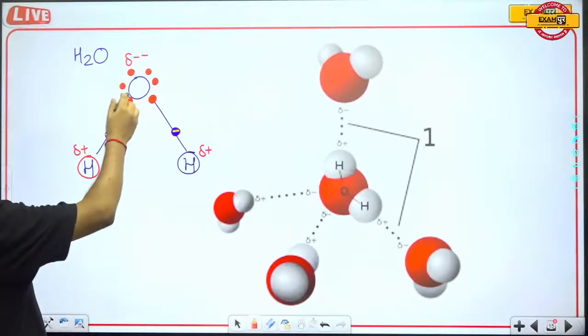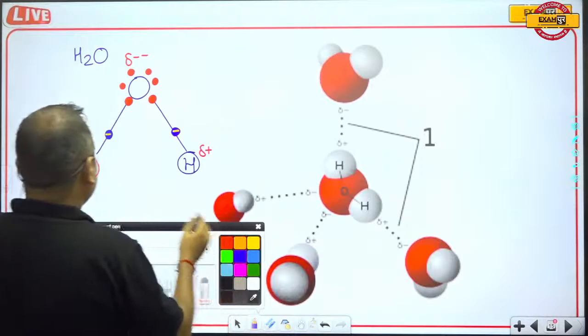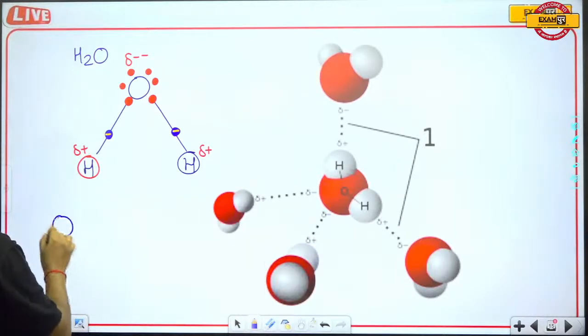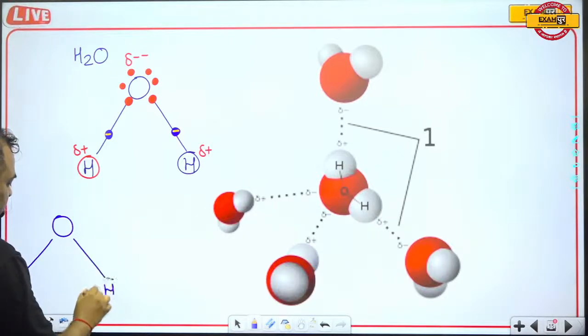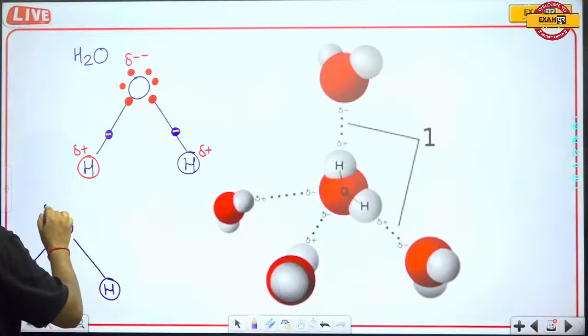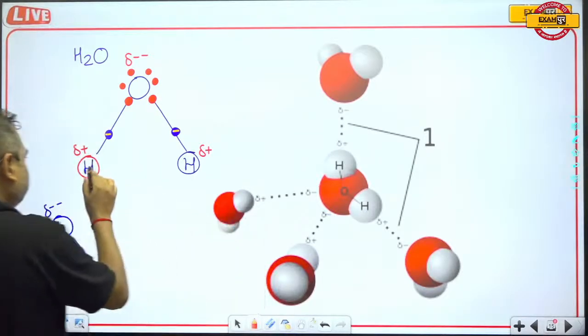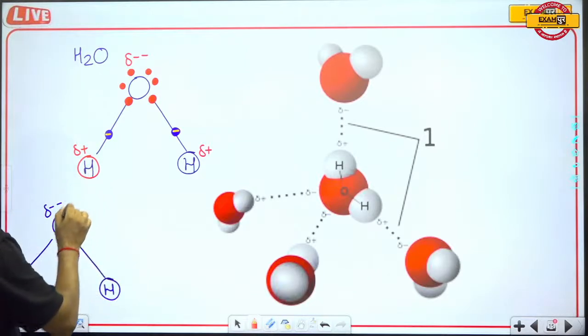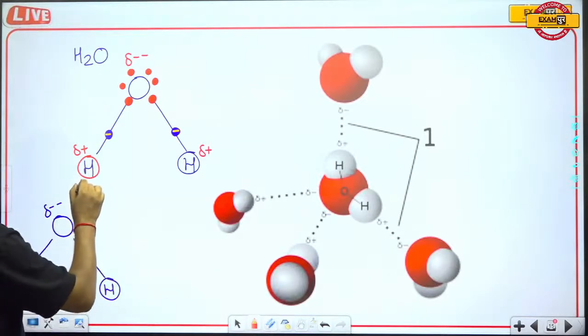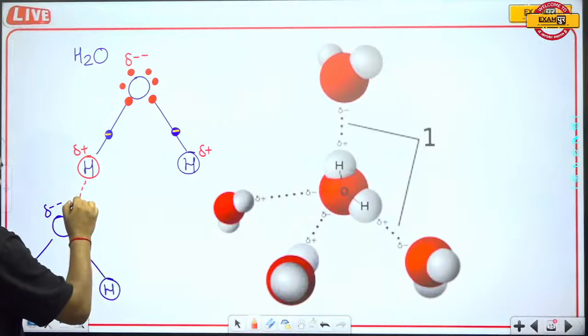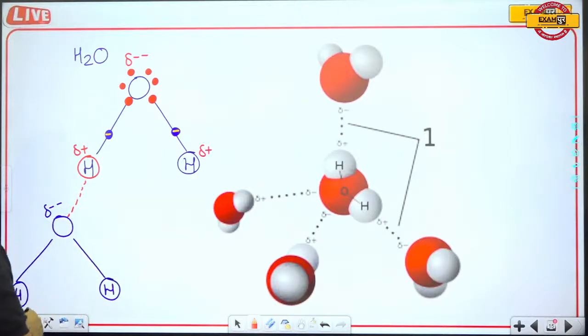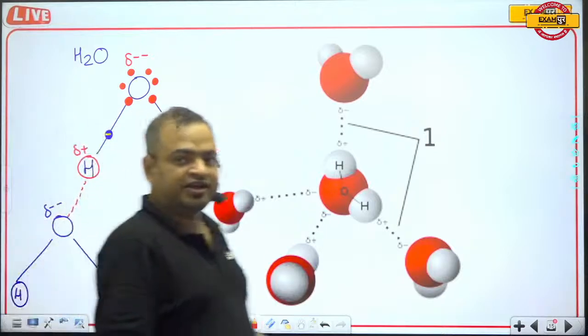And similarly, another oxygen atom which is lying here, this is another water molecule, and this is delta double minus. When this hydrogen comes into contact with it, an attraction force gets established between these two atoms, because this possesses the positive charge and this possesses the negative charge.